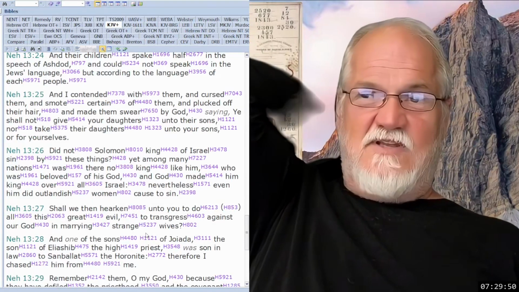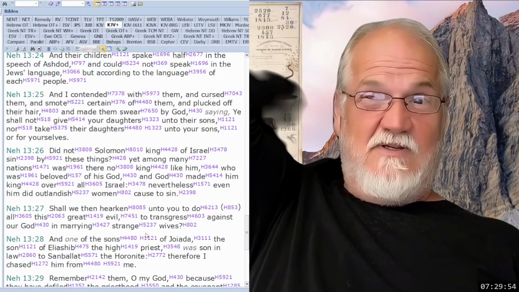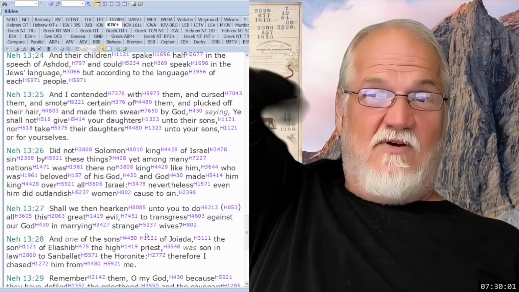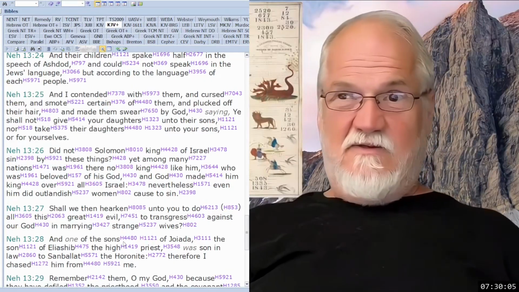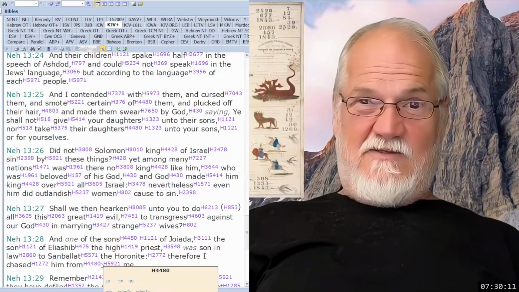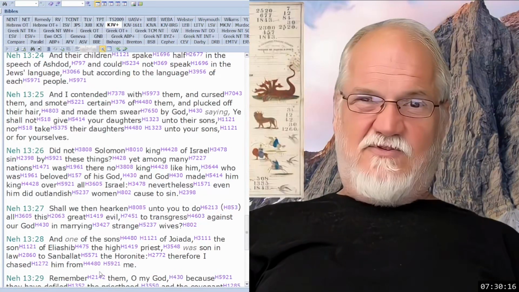And one of the sons of Joiada, the son of Elishib, the high priest, was son-in-law to Sanballat, the Horonite. Therefore I chased him from me. So he had married the daughter of Sanballat. Yeah, so Anja notes Ashdod, Philistines, ravagers, and disarmers of God's people.